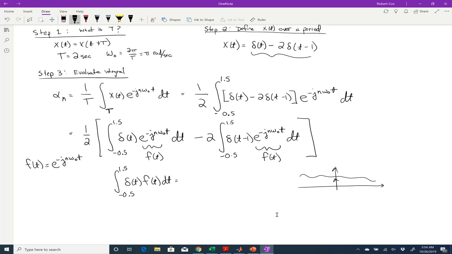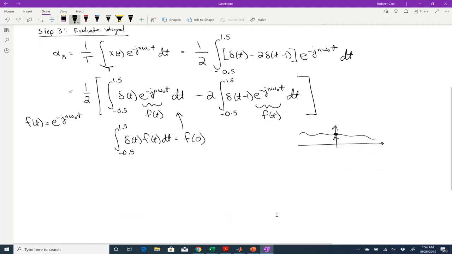It's like saying when I multiply the impulse by f of t, I just pick off the value of the function f of t at the point t equal to 0, and that's all I'm left with. In other words, this guy just becomes simply f of 0. Well, that's what's going to happen to this integral. And so the integral is going to get super simple.